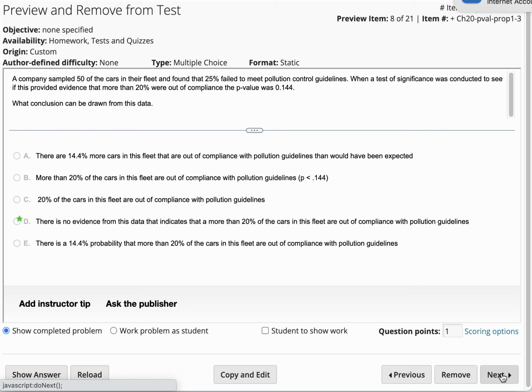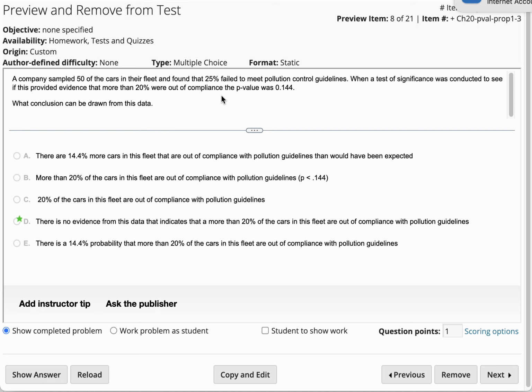A company sampled 50 cars in their fleet. 25% failed to meet the pollution guidelines. A test of significance was conducted to see if it provided evidence that more than, that's a key phrase, 20% were out of compliance.